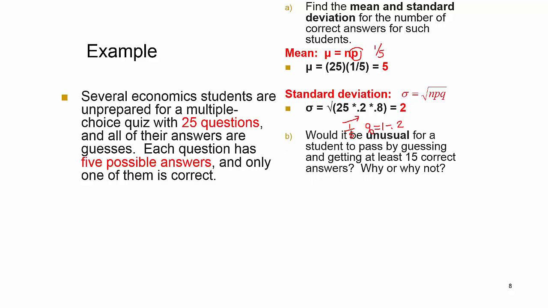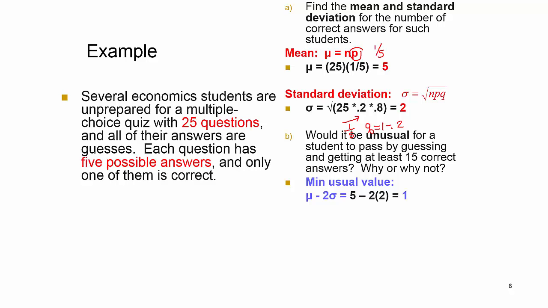So is it unusual for the student to pass by guessing and getting at least 15 correct answers? Well, let's focus on what would the range of usual values be. So the minimum usual value would be the mean minus 2 standard deviations. 5 minus 2 times standard deviation 2 is 1.